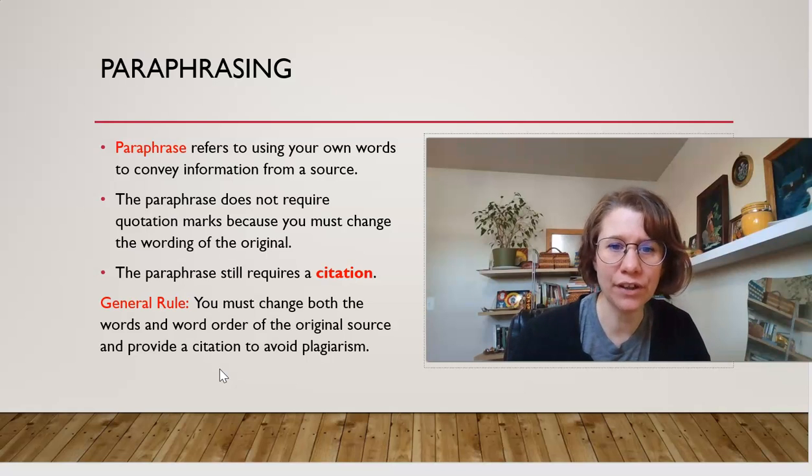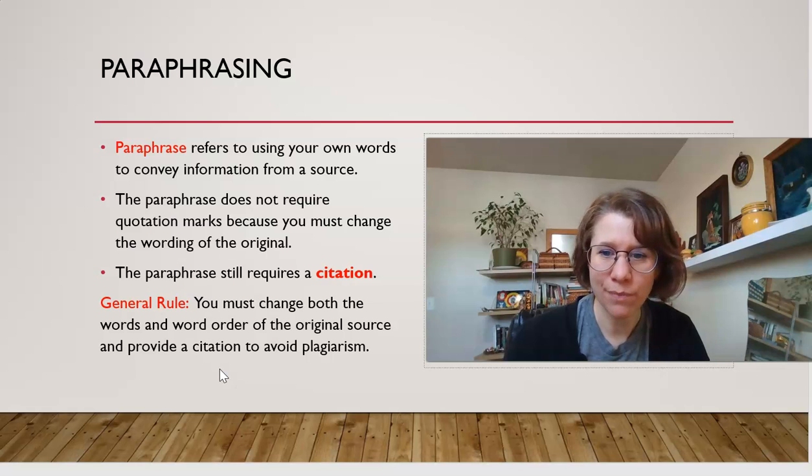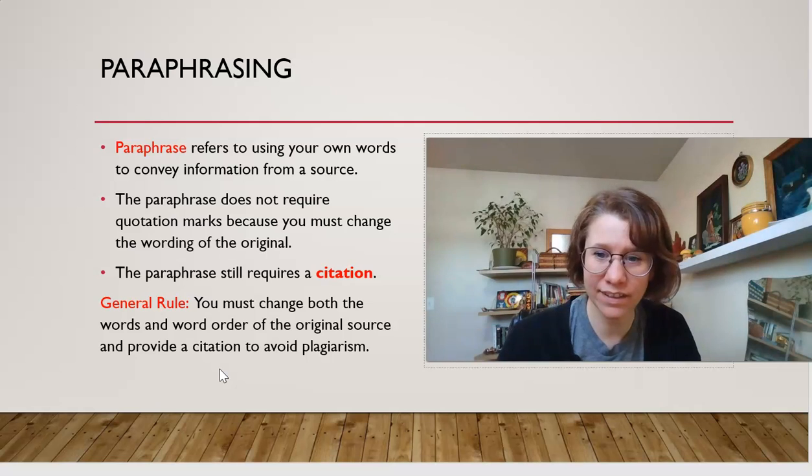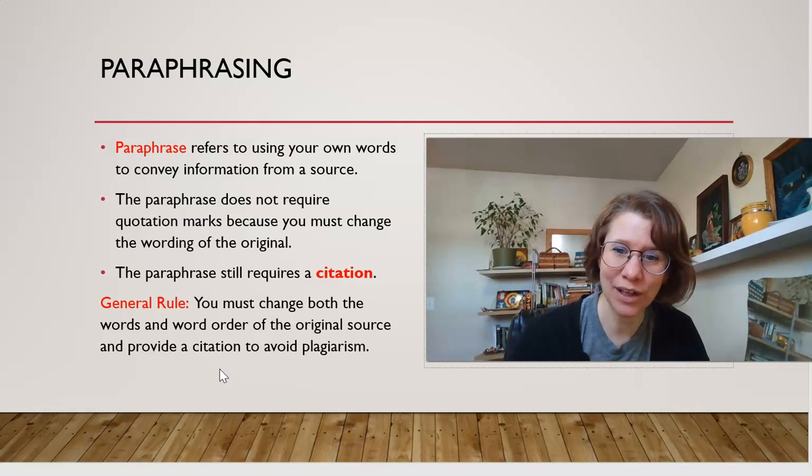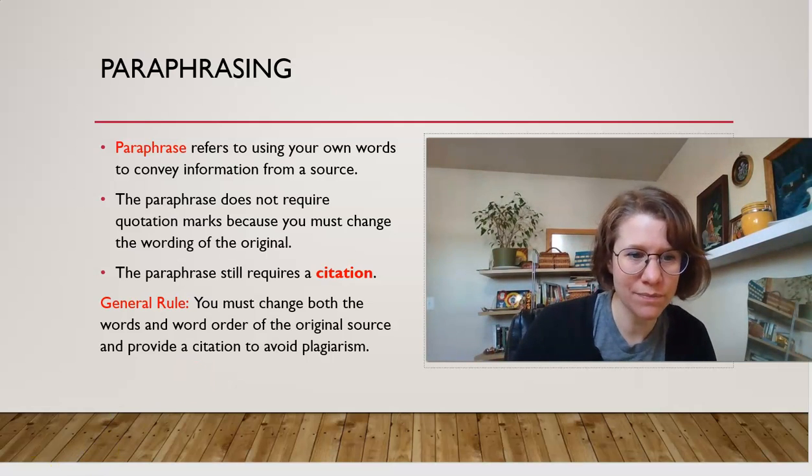So you want to make sure that you're changing both the structure of the sentence that you're restating, and also changing the words. And also you must include a citation for paraphrasing, because the idea is not your own. You've read it somewhere else, so you must give credit to that source.